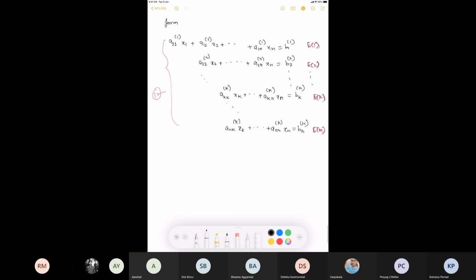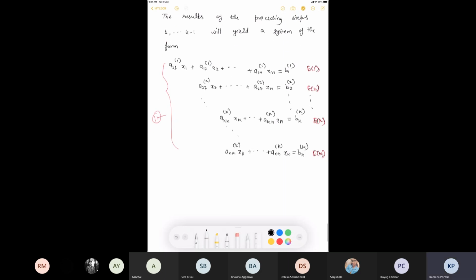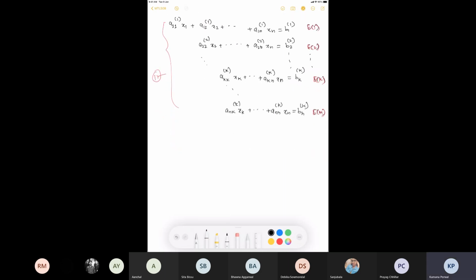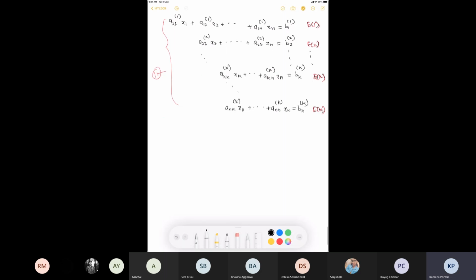So what we have to do, we have to eliminate xk, so we have it from Ek to En. So I'm going to eliminate this xk from Ek plus 1 to En. So for that, what I have to assume? So I'm going to assume that akk, this coefficient here, is not equal to 0.